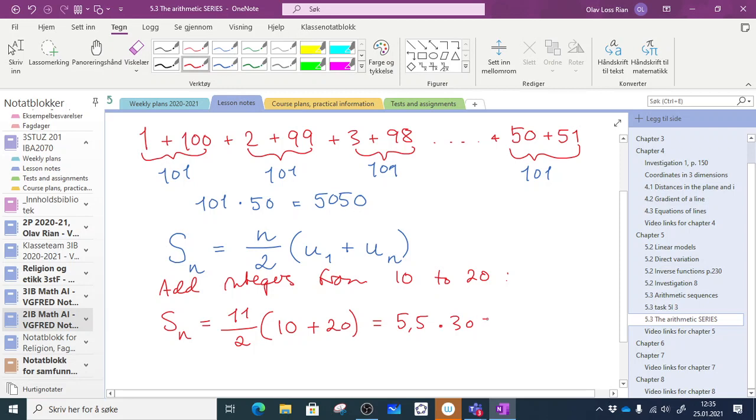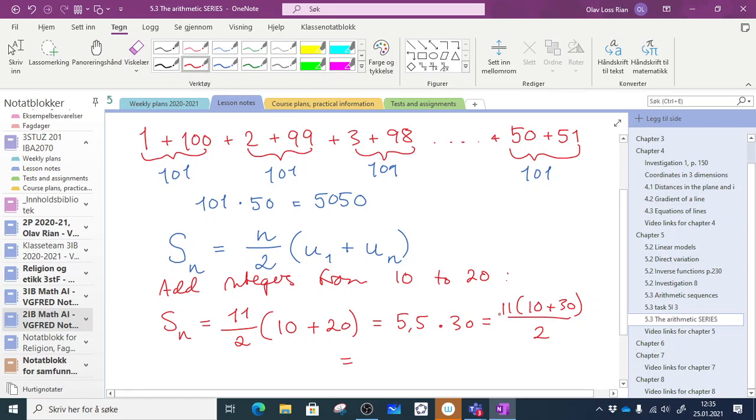If you don't want decimals, you can always write this as 11 multiplied with 10 plus 20 divided by 2. So starting over from here, you don't divide 11 by 2, you just keep it like this.